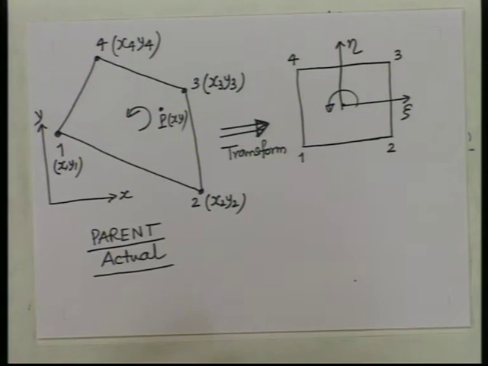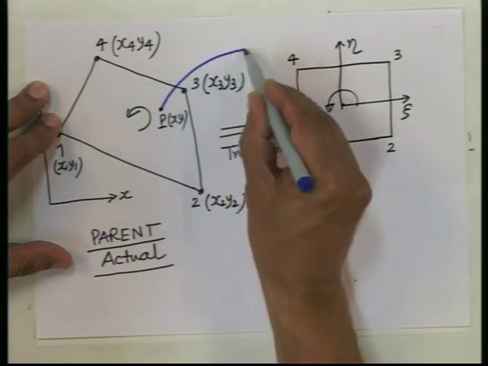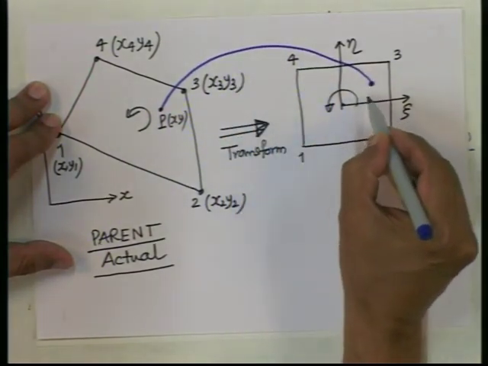Now, the word mapping will come, it is called general mapping. You have done conformal mapping, have you heard the name conformal mapping? Complex variable, yes. So, it is something like that, conformal mapping. So, this point P has to be mapped into an element, and point P will be here.